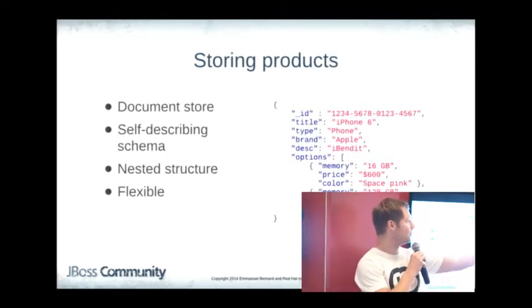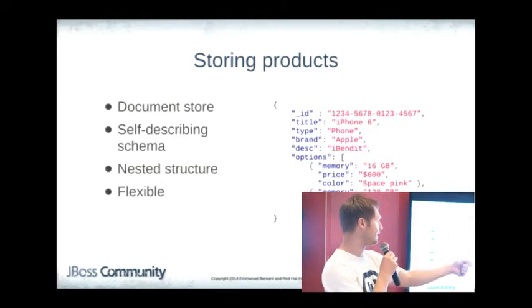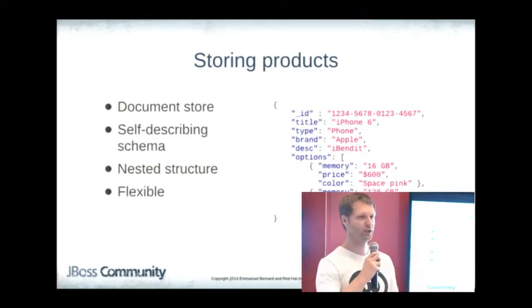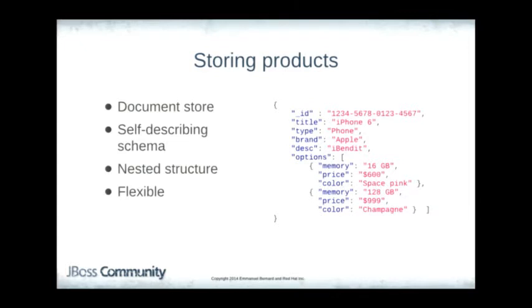I get the title and the actual value of the title, so I can get that information inside each document. It's pretty good for nested structures, and it's very easy to use and quite flexible for a lot of things. So here I'm describing one of the products of type phone, and I've got several options and so on. But then I told you I wanted to analyze some of the patterns.